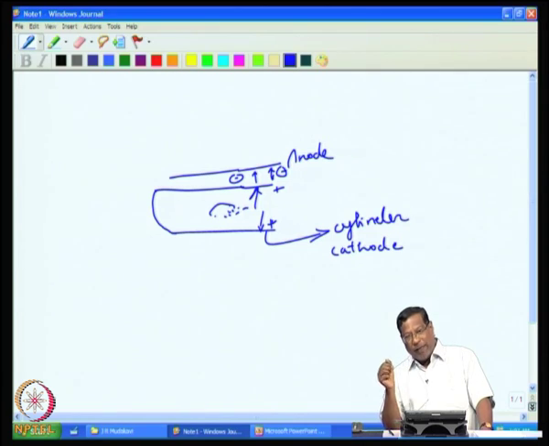They will pick up the free electrons from the ionized gas, and they will become atoms. They get excited to the next higher energy level. Before they reach the electrode, due to their kinetic process, they emit the radiation and then get settled either onto the glass or onto the cathode material. That is the basic process.